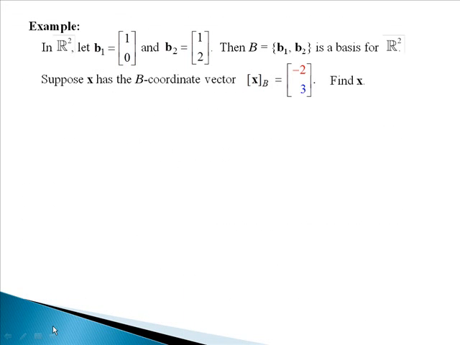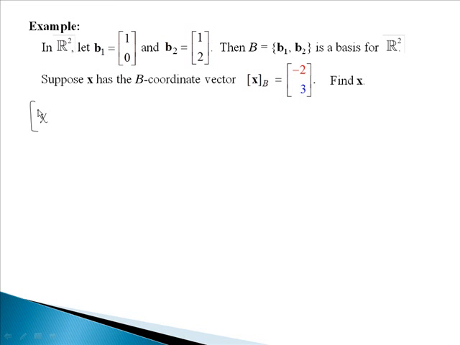Now let's look at this example. In R2, we're going to define b1 and b2 here. And then we're going to say that beta is this basis that contains those two vectors, and it's a basis for R2. Suppose our vector x has the B coordinate vector given here, -2, 3, and we want to find x.